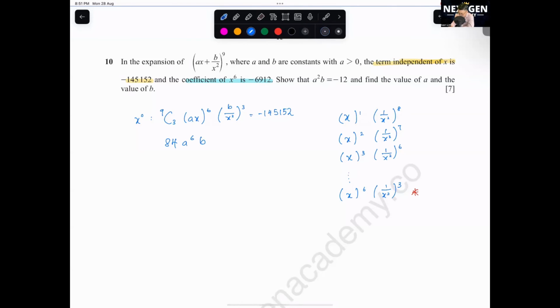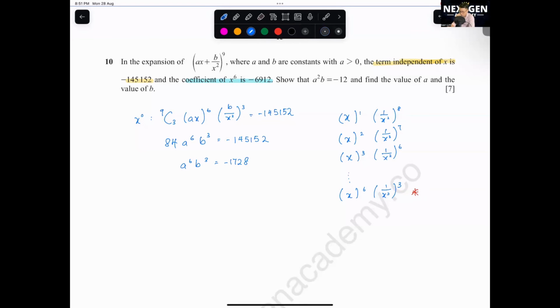Sorry, here there is a b. So a to the power 6 b cubed equals negative 145,152. The x will just cancel off already. We simplify this: a to the power 6 b cubed divided by 84, you get negative 1728.